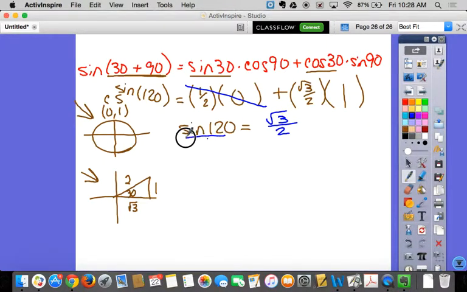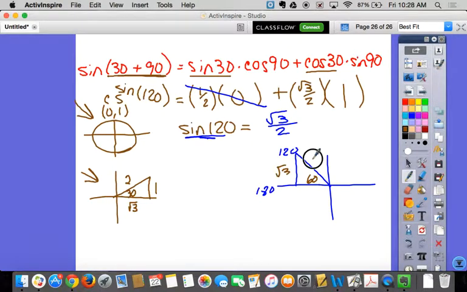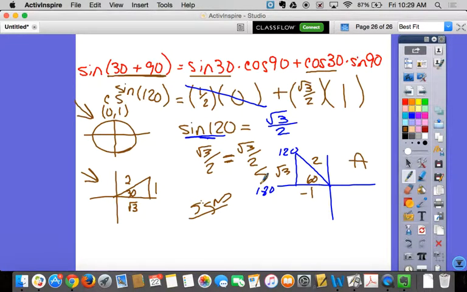Now, draw your little picture. 120, 180. What's your reference angle? 60. Square root of 3, 2, negative 1. But sine of that picture, look at it, glory be. Square root of 3 over 2 is equal to square root of 3 over 2. And your signs match because it hits this. Isn't that neat? So this thing is true.